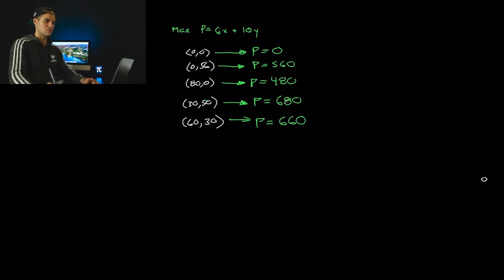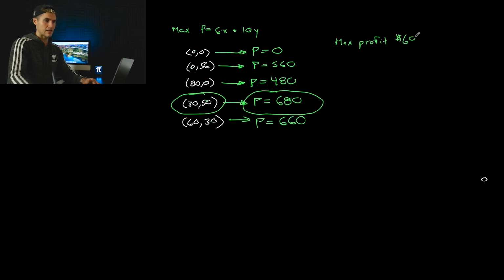All right, so these were fairly close, but notice that the maximum profit is happening here. So it's happening at this vertex. So our maximum profit is $680, and it's going to happen if we produce 30 units of product A, because that's what we let the x value be, and 50 units of B, like that.